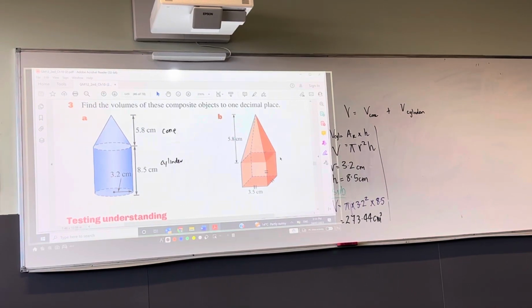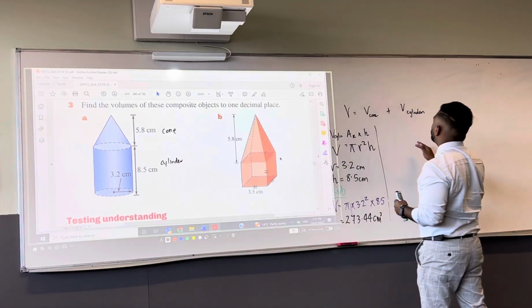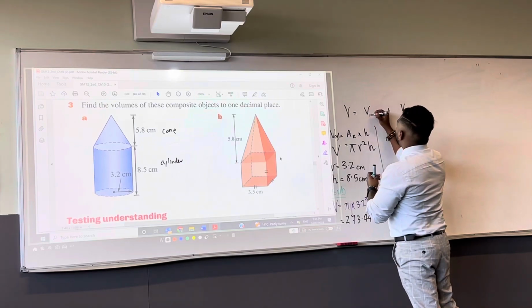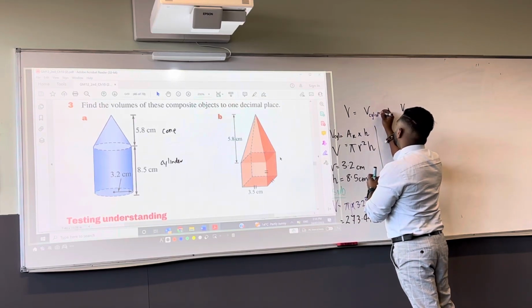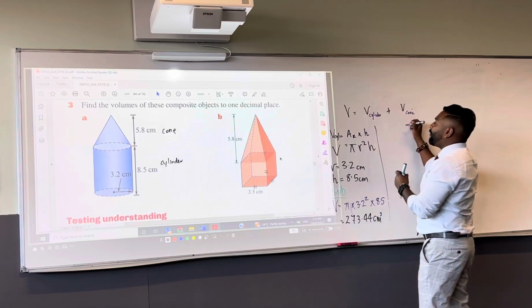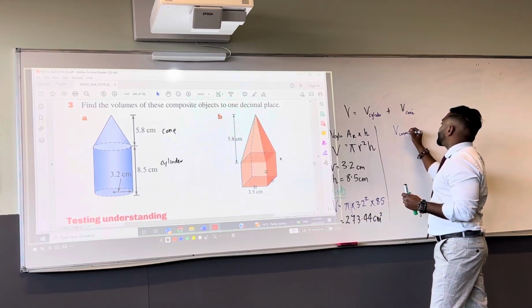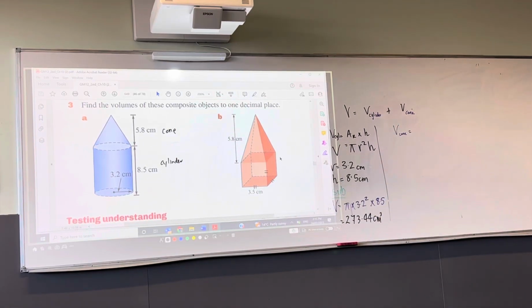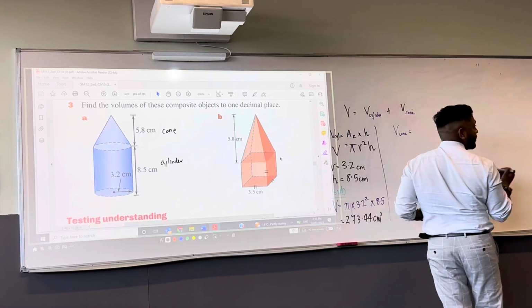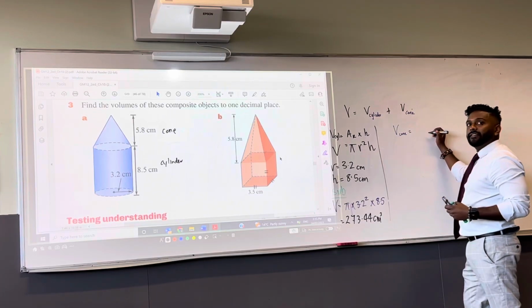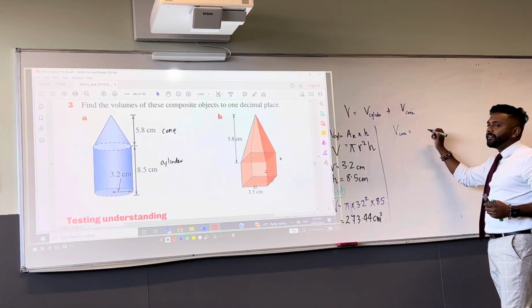Now let's go through the volume of a cone. So what's the formula for the volume of a cone? Does anyone know what the formula is? Elliot, on that piece of paper, what's the formula for the volume of a cone? Pi r squared.